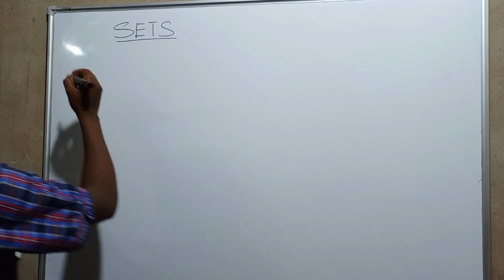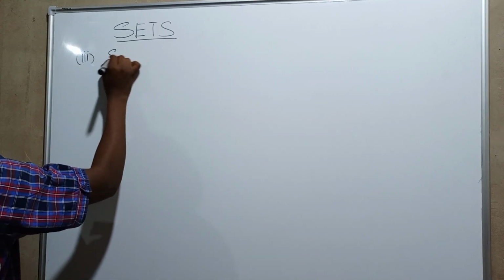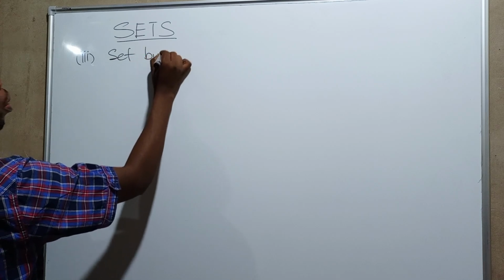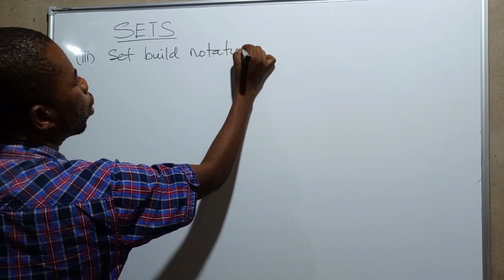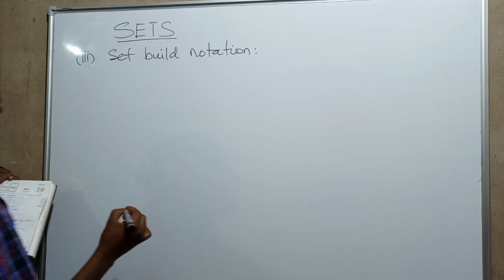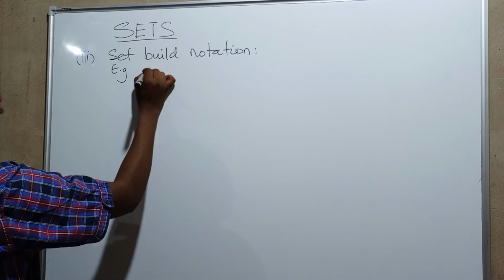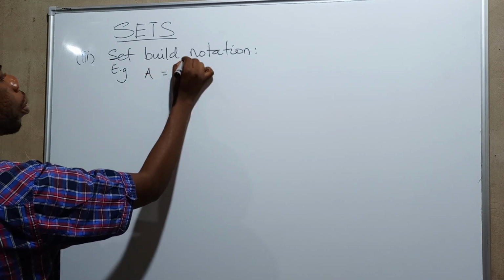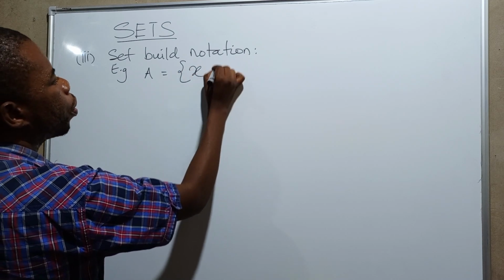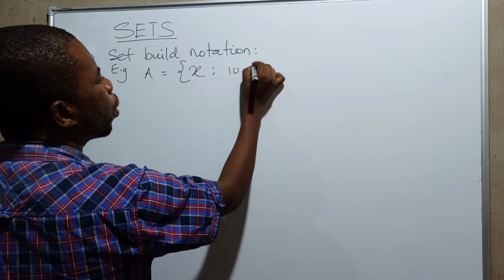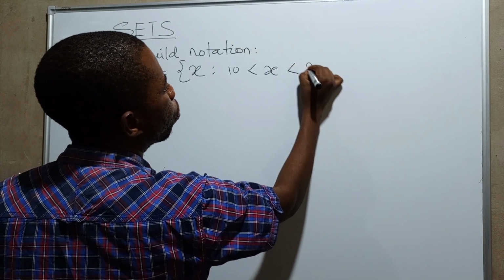So the third way of set representation is what we call set builder notation. Under set builder notation, we can have set A represented like this, where we have maybe x, then we say 10 is less than x, and then x is less than 20.